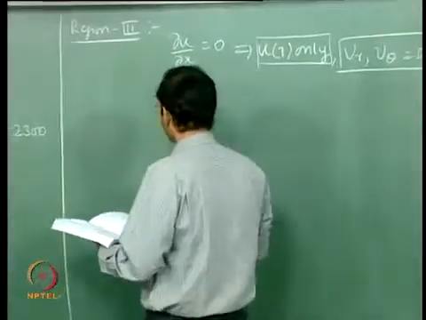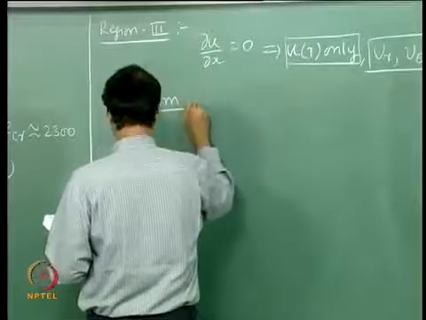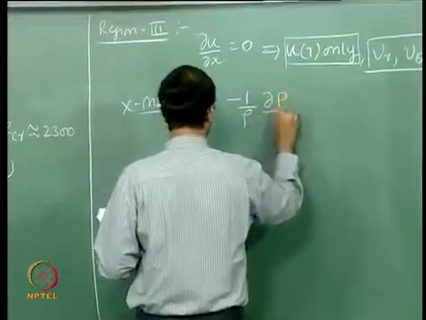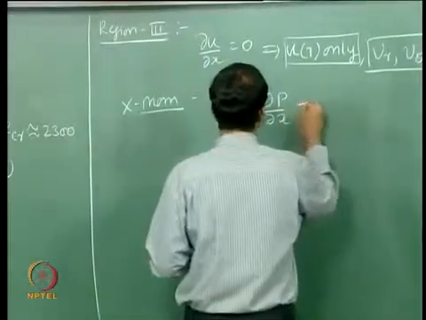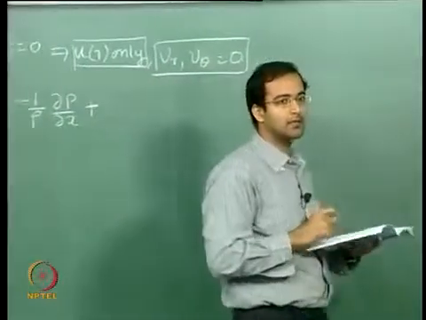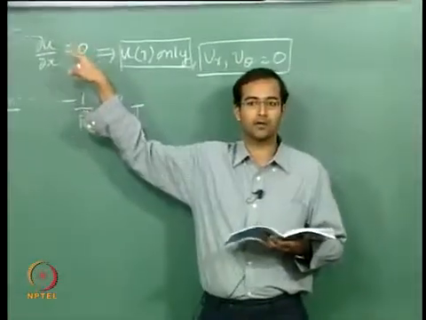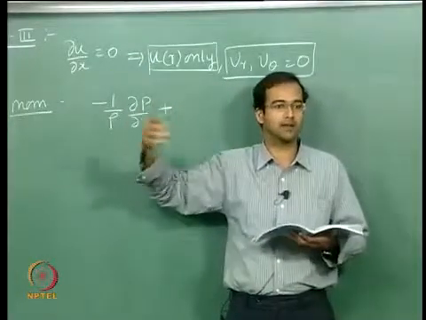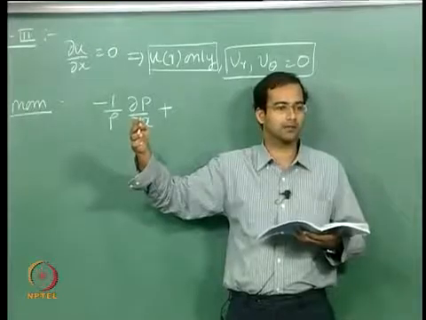Therefore the momentum will be only x momentum, so you have minus 1 by rho dp by dx, this is your pressure gradient term on the right hand side, plus you have your diffusion term. Once again in the diffusion terms, since your du by dx is 0, your d square u by dx square will be 0, also the variation with the theta direction is not there, therefore your d square u by d theta square is also 0.